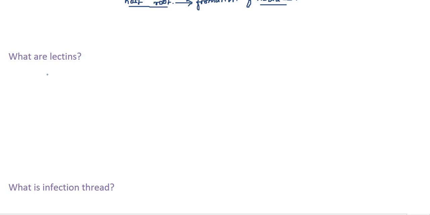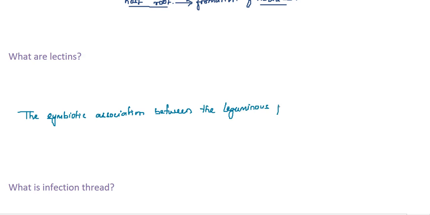So I write here that the symbiotic association between the leguminous plant and rhizobium is very selective in nature.